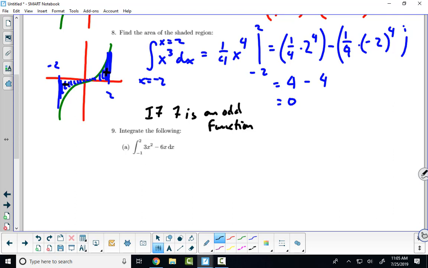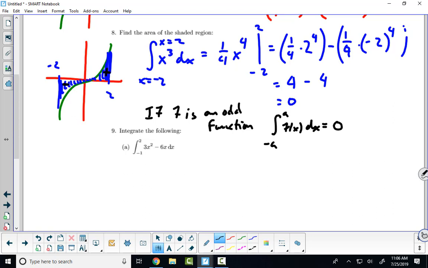So this is not necessarily a time saver for most functions. But every once in a while, it is. If f is an odd function, then the integral from minus a to a of f of x dx is what? 0. Because the positive regions, we don't know what they are. There might be many of them, there might be none of them. The positive regions will always cancel out with the negative regions.